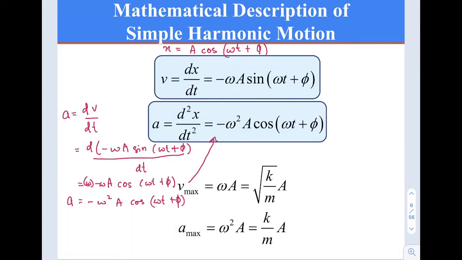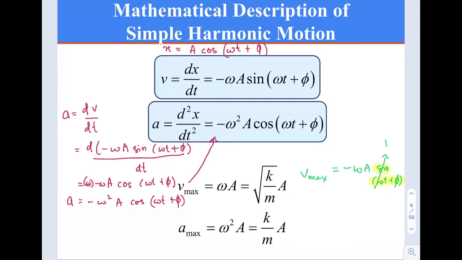Therefore, if we are talking about v maximum, it must be negative omega A, with the whole bracket of sine(omega t plus phi) equivalent to 1, because we are talking about v max.